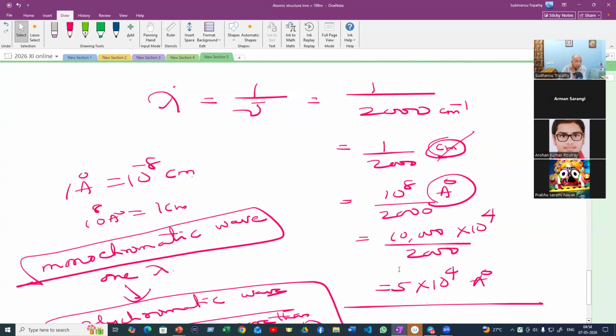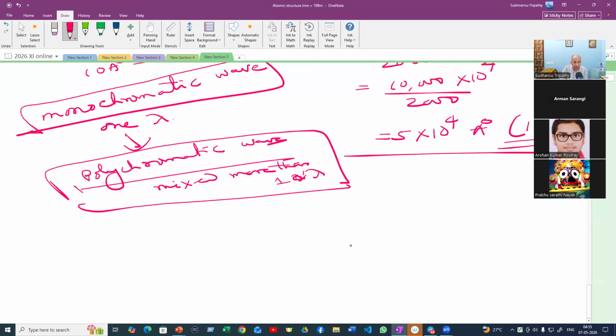So you are supposed to find out lambda, which we got to be 5 times 10 to the power positive 4 angstrom. So look to your data table and tell me to which region of the entire electromagnetic spectrum this wave belongs. Infrared. Yes, precisely. It will not be visible. It will be a heat radiation.